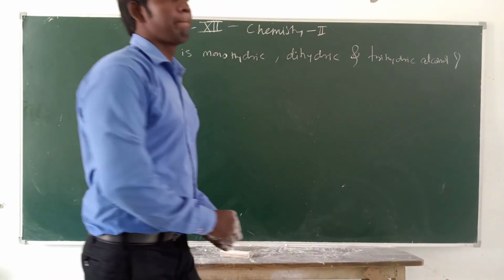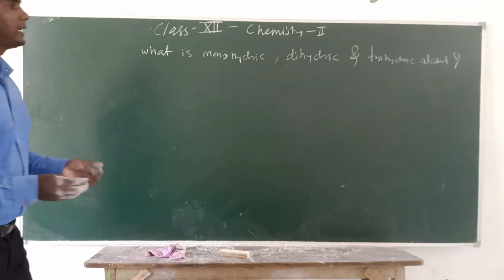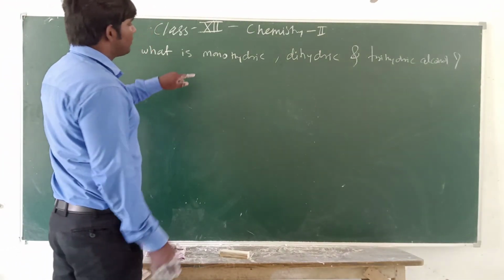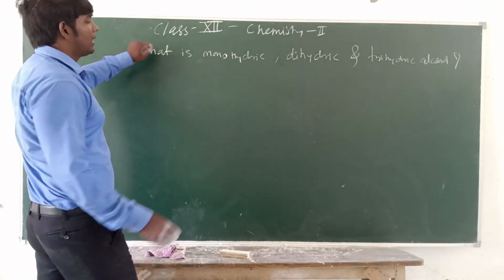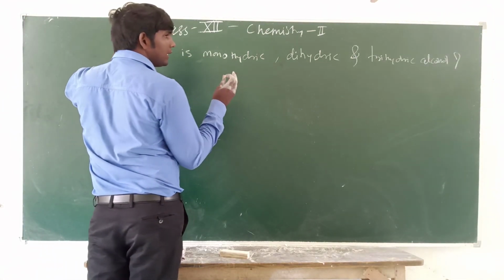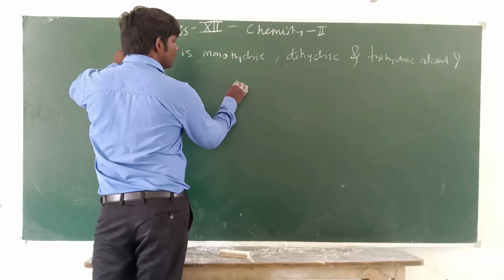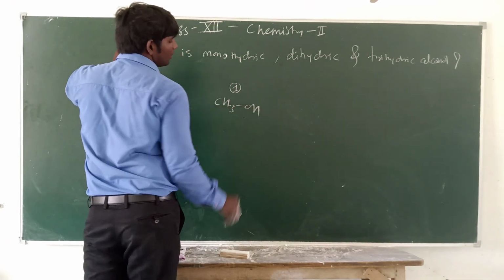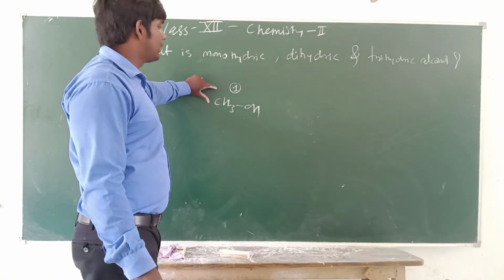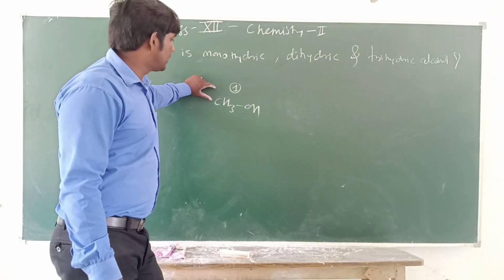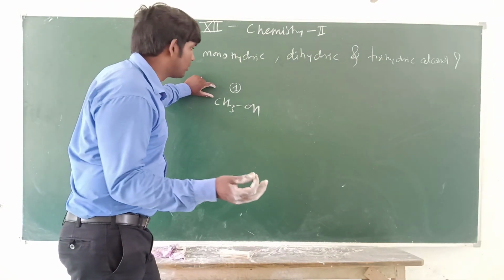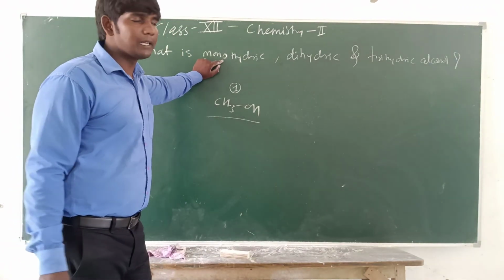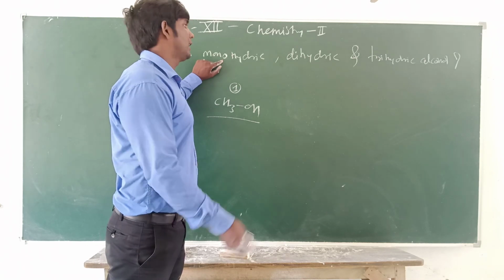What is monohydric, what is dihydric and what is trihydric? In a monohydric alcohol there is a minimum of 1 hydroxyl group. For example, methanol. All simple alcohols have only one hydroxyl group, they come under the category of monohydric alcohol, and that is called monohydric alcohol.